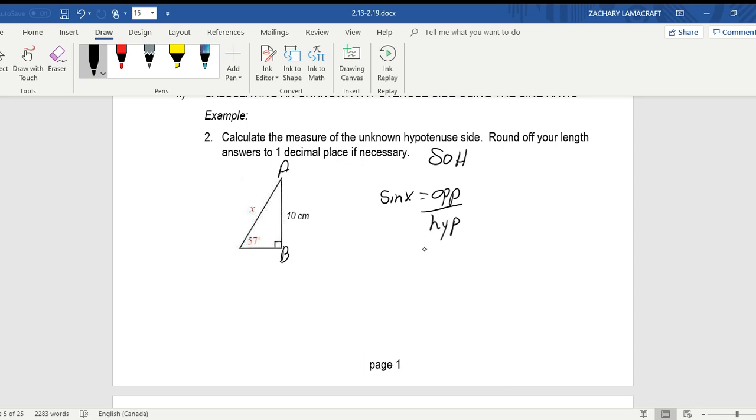If we have the triangle ABC once again, we know that A to C is our hypotenuse based on this angle of 57, and we know that A to B is our opposite. We can begin to fill in some of the information. We know that 57 degrees is our x, or our angle C. So it would be sine 57 is equal to the opposite, which we have this time, over our hypotenuse, which is unknown, so that is x.